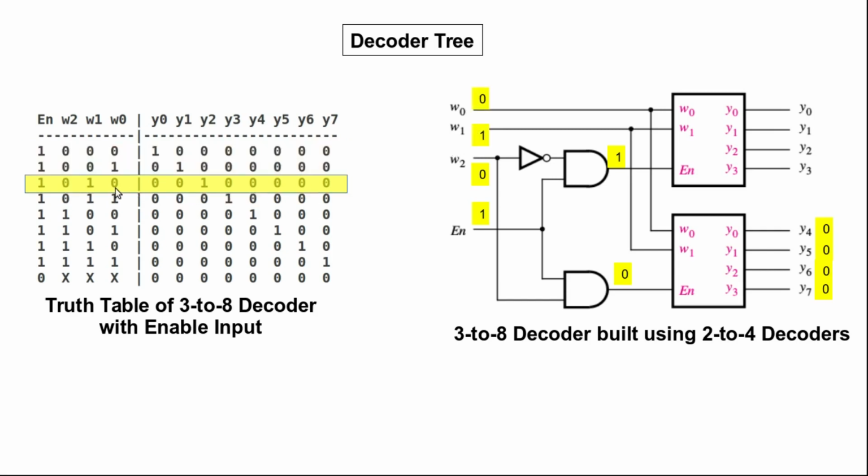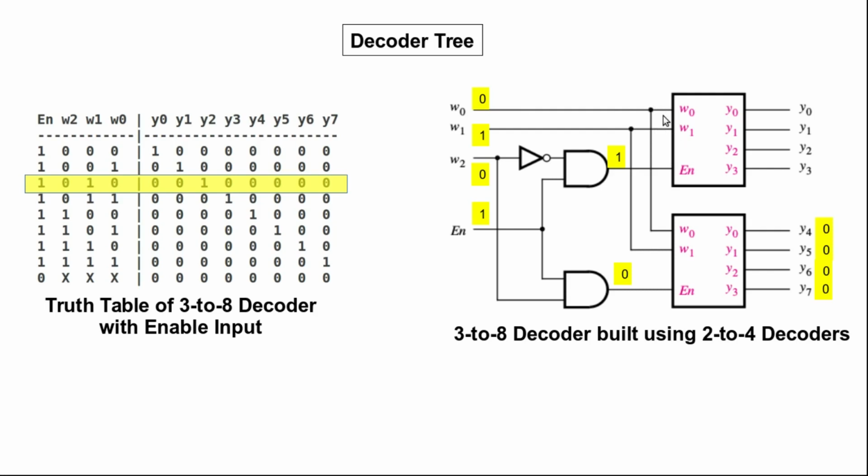So now if we consider this third row, in the third row W1 is equal to 1, W0 is equal to 0. So W0 is 0 and W1 is 1. So as far as this 2 to 4 decoder is concerned, its enable input is 1 and at the input we have 1 0. W1 is 1, W0 is 0.